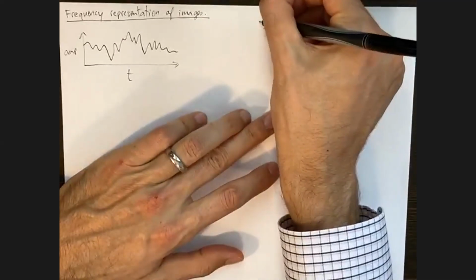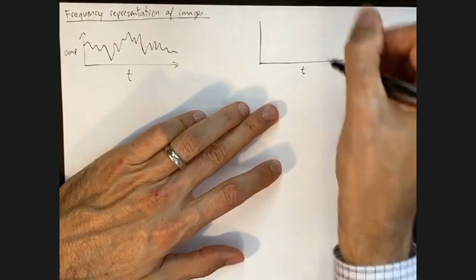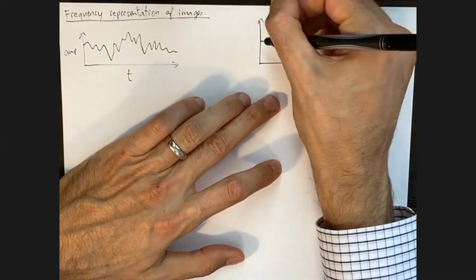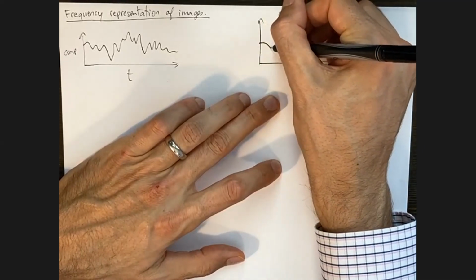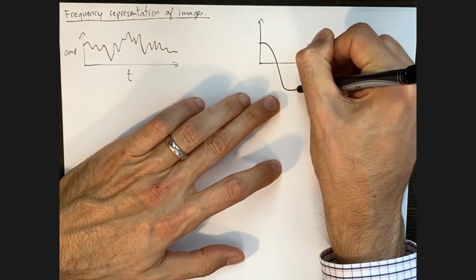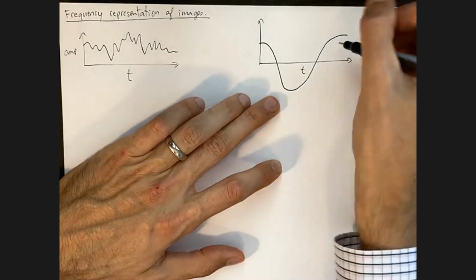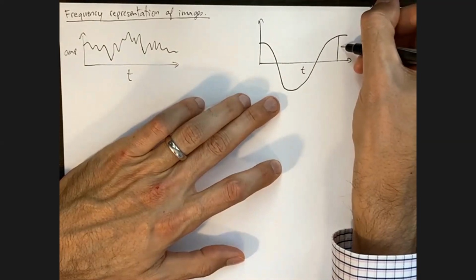So a pure frequency signal would be something like a sine wave. And so again, if we consider a signal as a function of time, or a cosine wave, let's look at a cosine wave. So a cosine wave would have a pretty characteristic shape like this. And it's characterized by 3 parameters. So first, it's characterized by its amplitude.